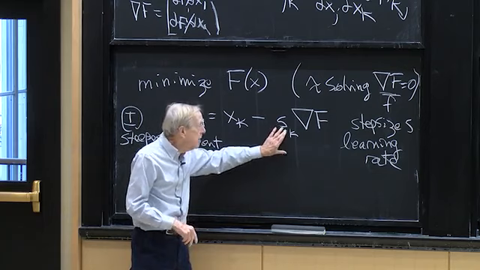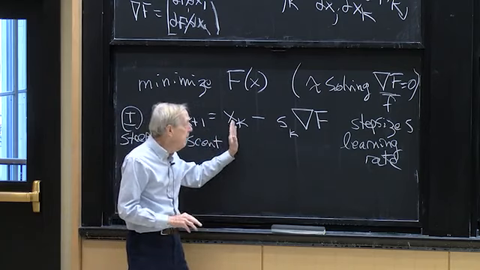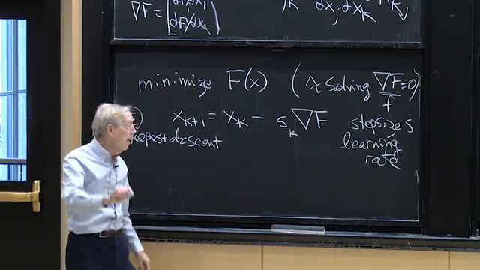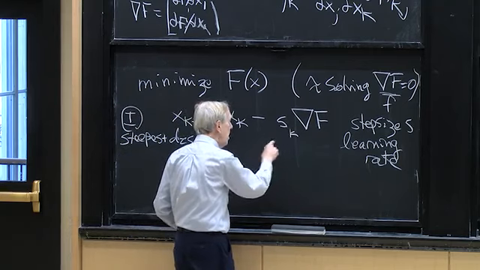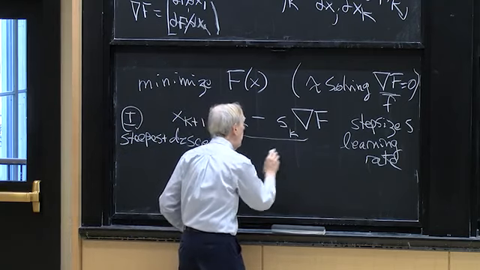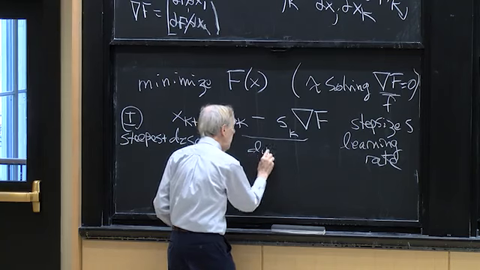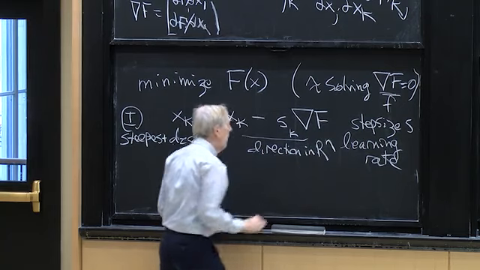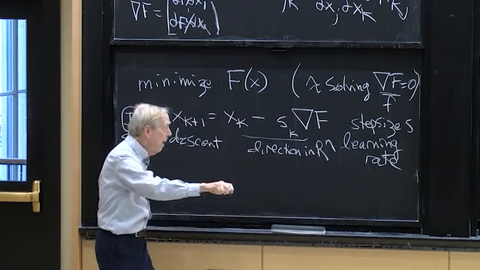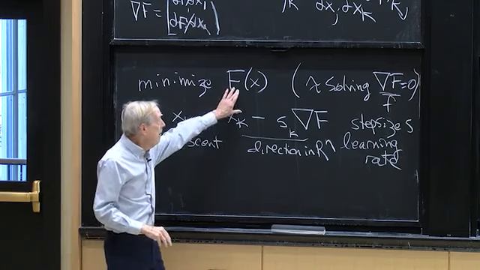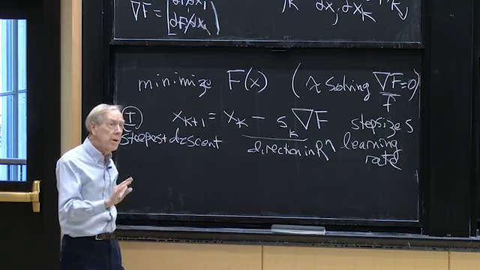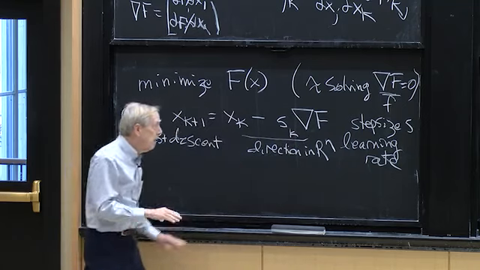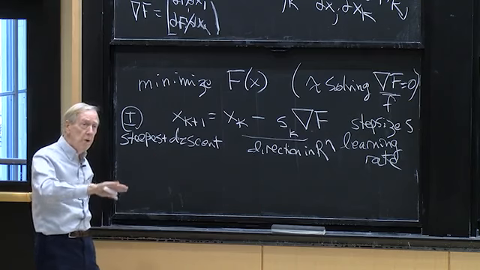You would like to choose Sk so that you minimize capital F. You take the point on this line. So this is a line in Rn, or a direction in Rn, and for all the points on that line in that direction, f has some value, and what you expect is that initially, because you chose it sensibly, the value of f will drop.